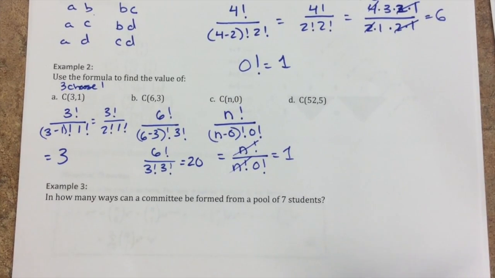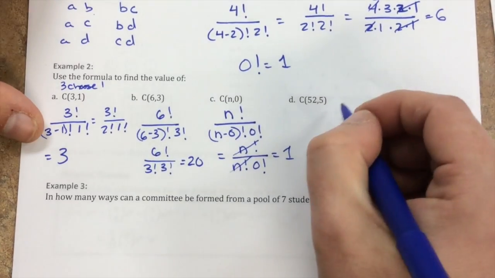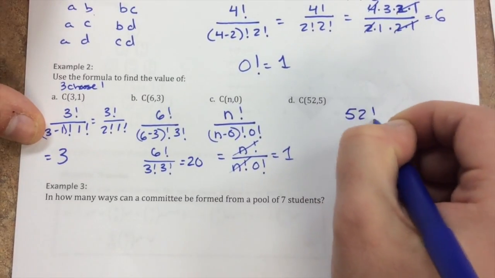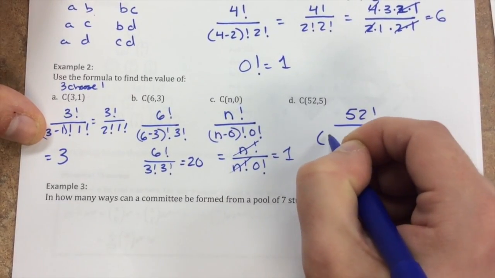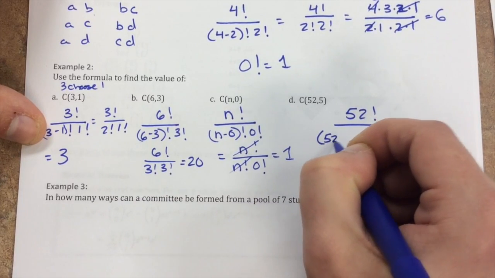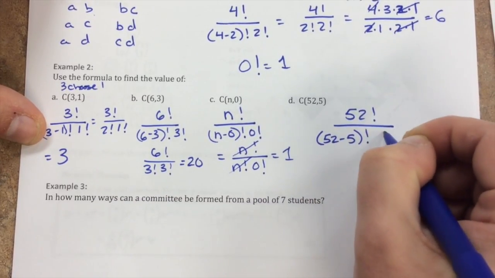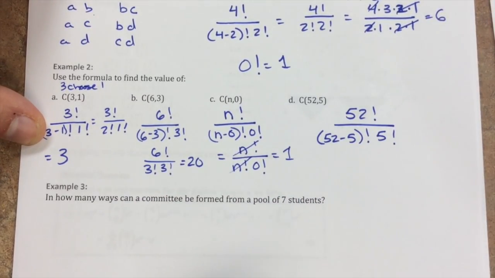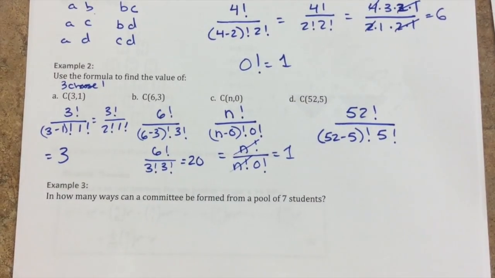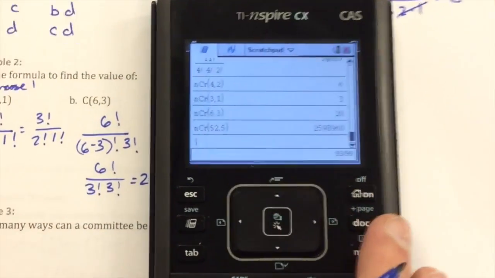Last one. 52 choose 5. 52 choose 5 is 52 factorial over 52 minus 5 factorial, 5 factorial. Now I've already typed that into my calculator.